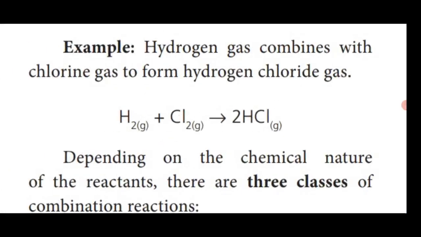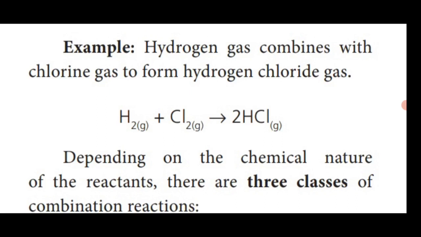Let's see an example of combination reaction. The first example: hydrogen gas combined with chlorine gas. Hydrogen gas is H2, a gaseous substance, so the subscript is g. Chlorine gas formula is Cl2, also a gaseous substance.